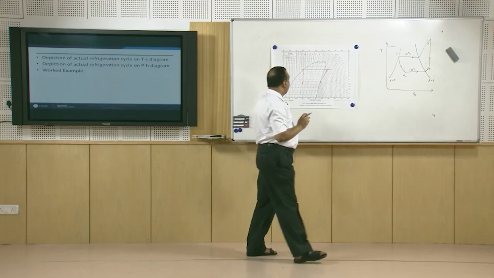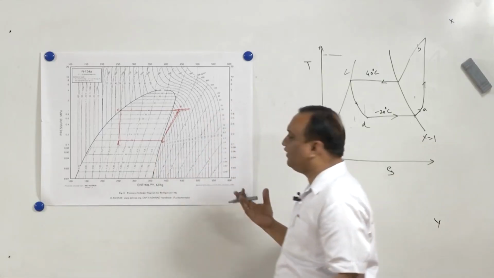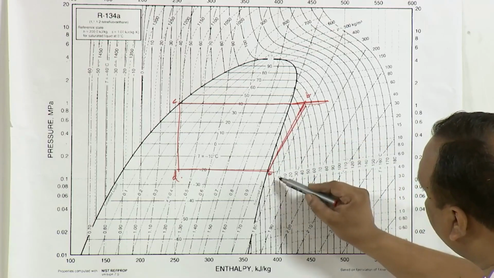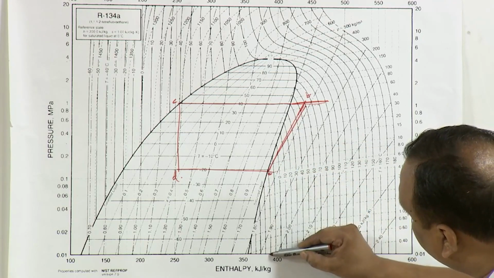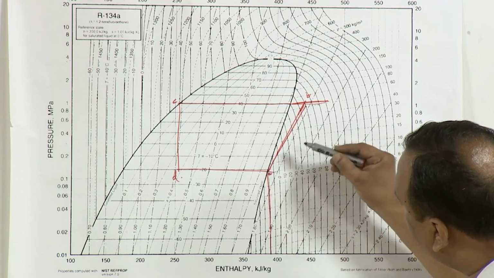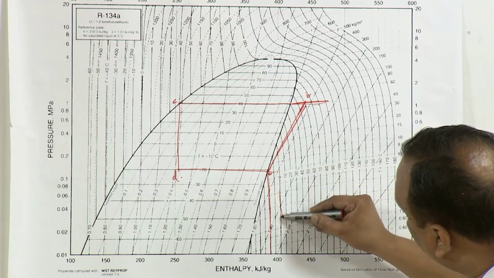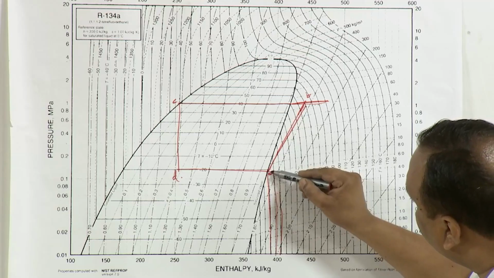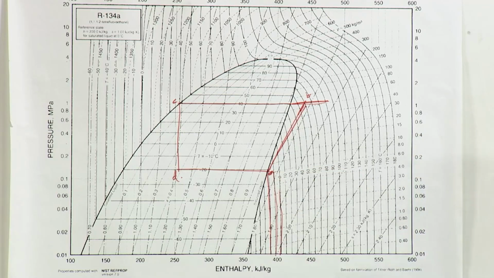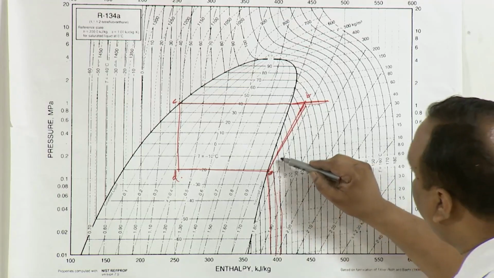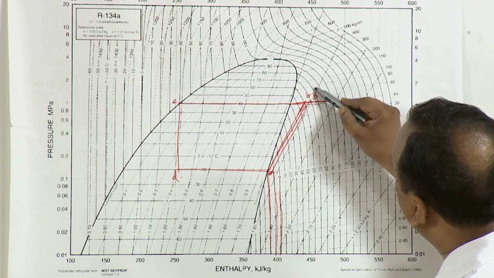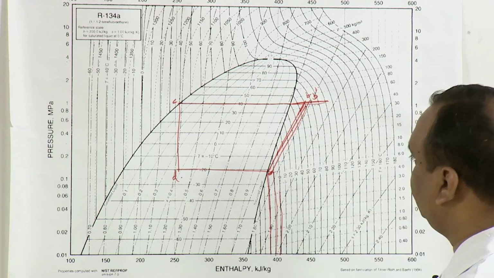Suppose the vapor is superheated by, let us say, 5 degree centigrade. So, this is the minus 20 constant temperature line, this is the 0 degree centigrade constant temperature line, and this is the minus 10 degree centigrade constant temperature line. So, A will be shifted somewhere here, and directly we can read enthalpy from this chart, and again we will follow the constant entropy line, and this is going to be the shifted point B dash.